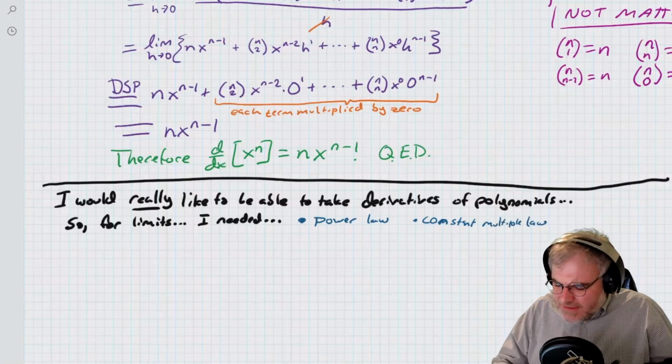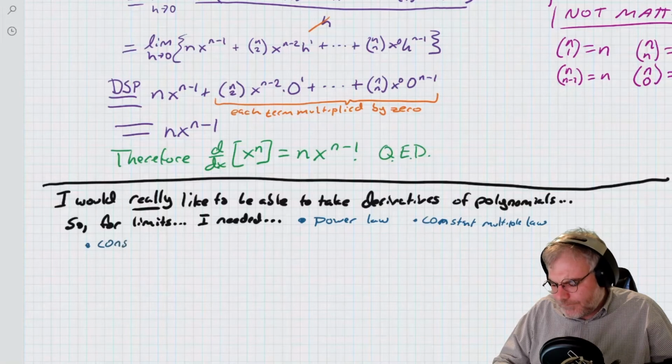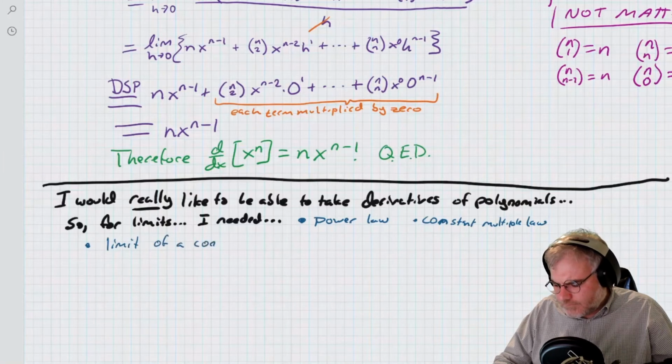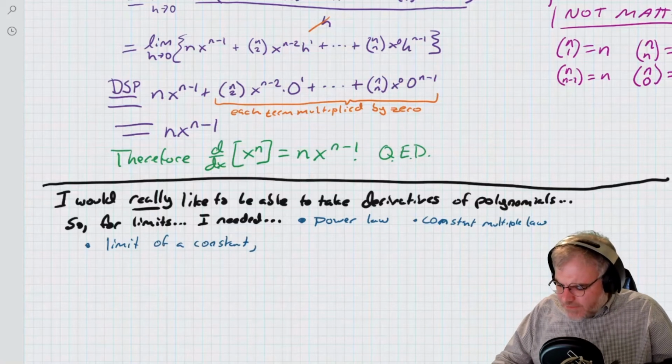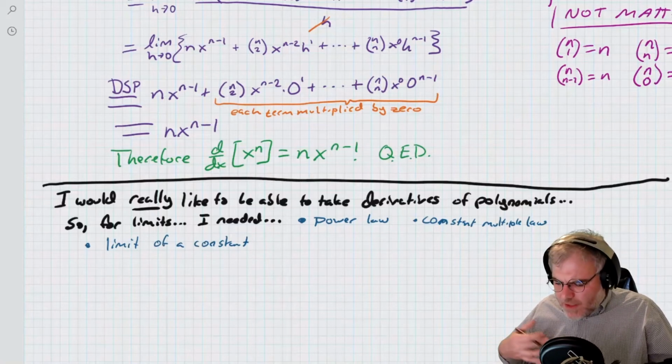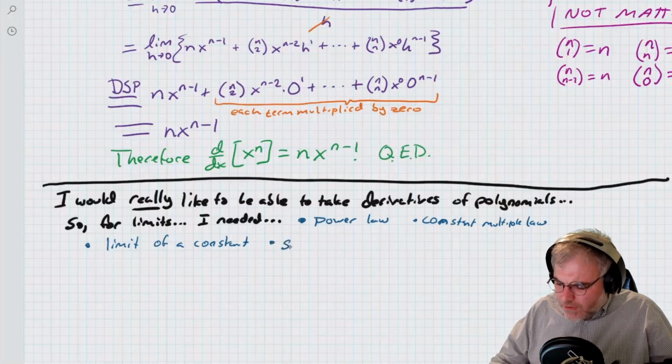I needed a constant law, or the limit of a constant. And what else did I need? I needed limit of a constant, a power law, a constant multiple law. Oh, and I needed a way to deal with sums. So I needed a sum law.